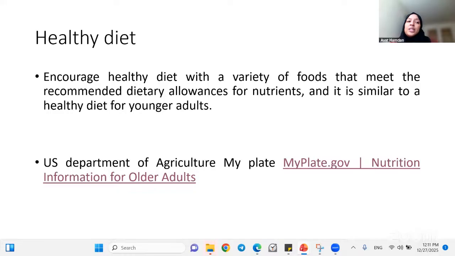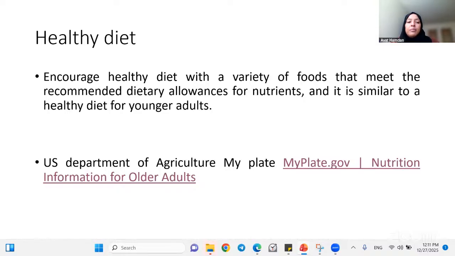If the patient has no weight loss, no decrease in appetite, everything is fine, that means he is well nourished or overnourished. If he is overweight, we need to talk to him about overweight and obesity, how to target the obesity, and how it is related to comorbidities.